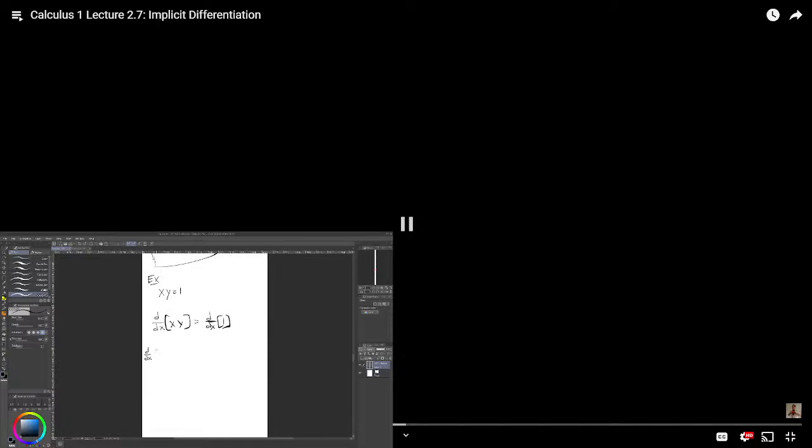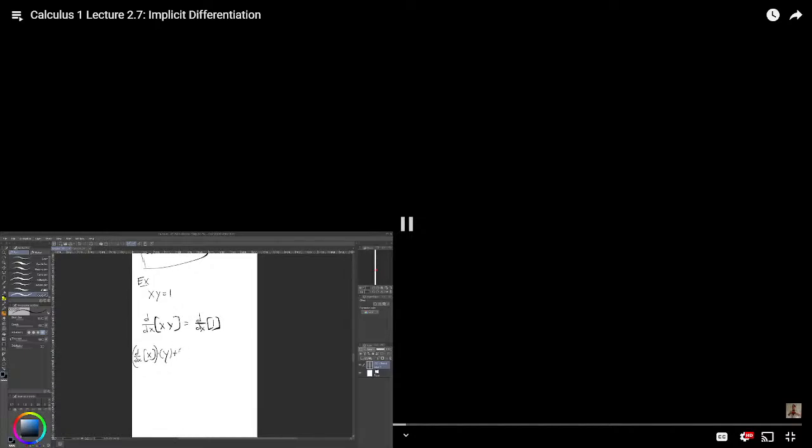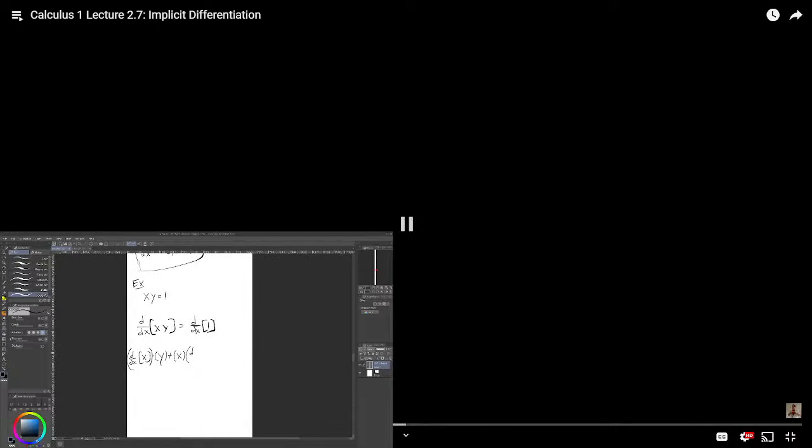So we take the first term times the second term, and add them together. First term times the derivative of the second term.